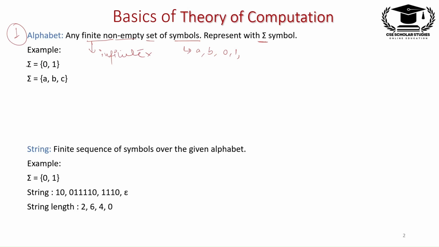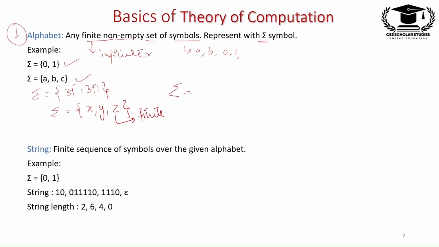An example: sigma is 0, 1, or A, B, C. Another example: sigma is x, y, z, anything. But it must always be finite.